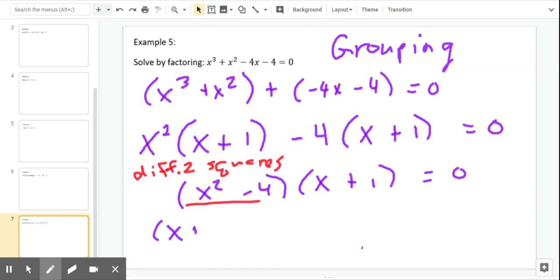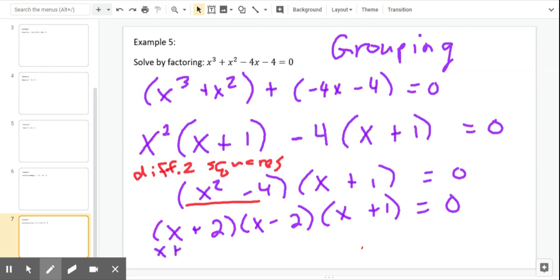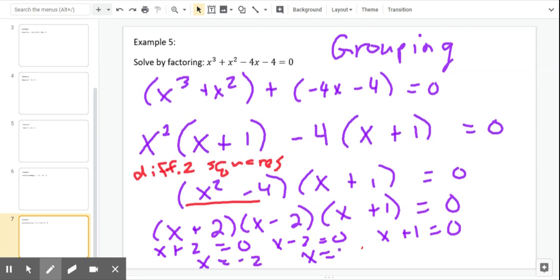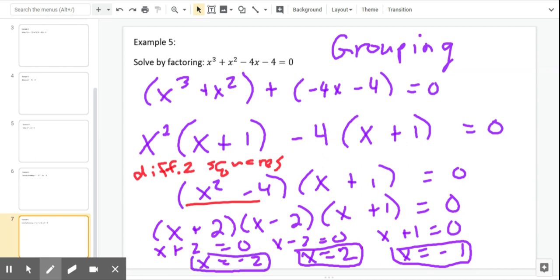That's going to become x plus 2, x minus 2, and then times x plus 1 equals 0. So then we have x plus 2 equals 0, x minus 2 equals 0, x plus 1 equals 0. We solve all of those and we get x equals -2, x equals +2, x equals -1. And that's it for this section.